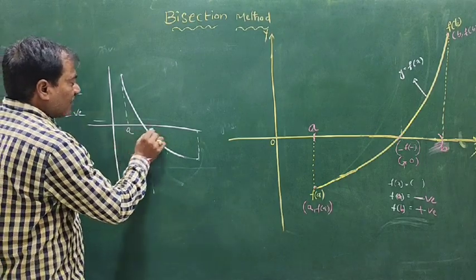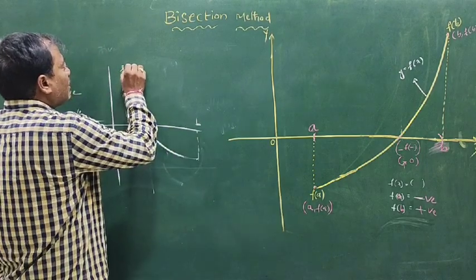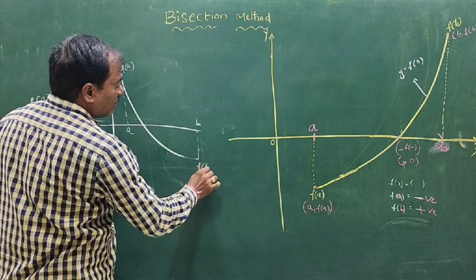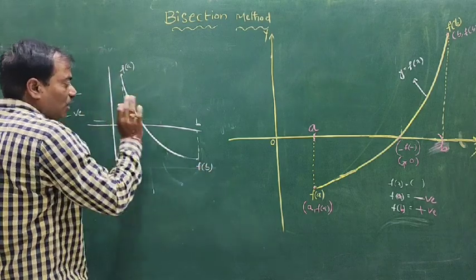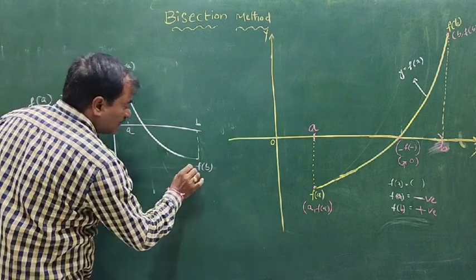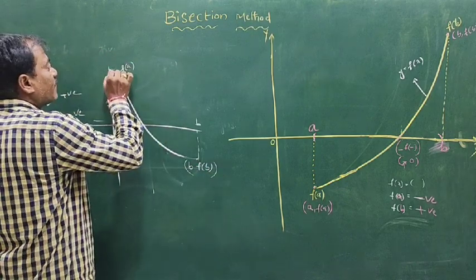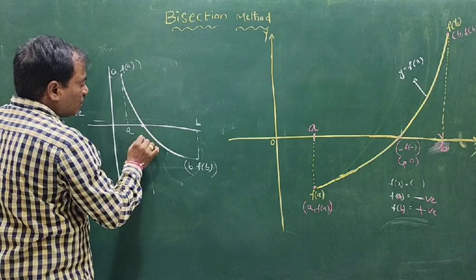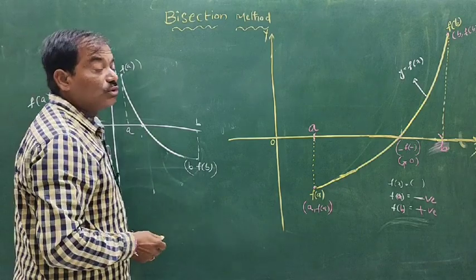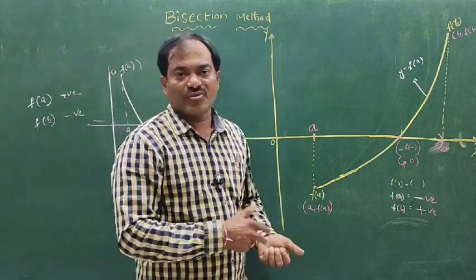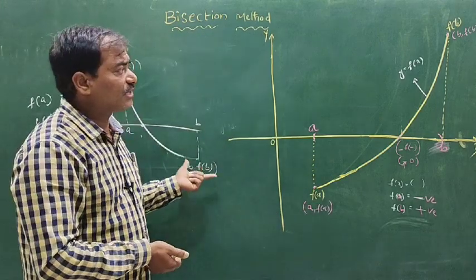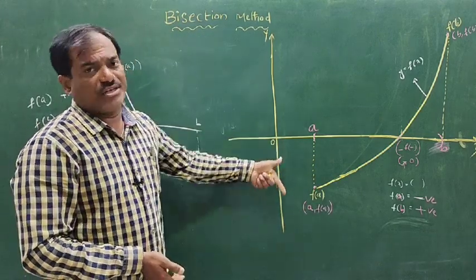This is b and this is f of b, which is a negative value, and this is f of a. Now we have to find this point, which means we have to find the root of the given equation. This is the graphical representation of the given equation.